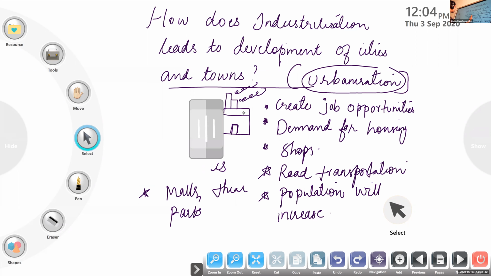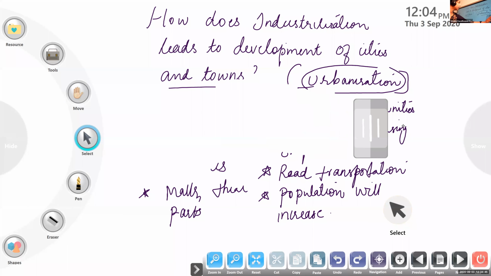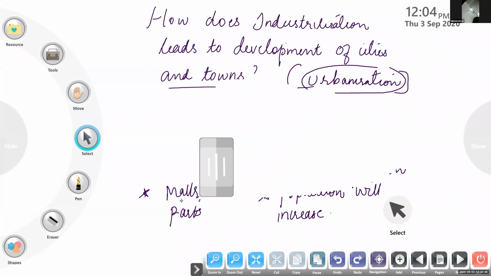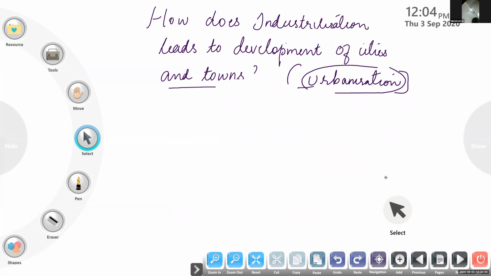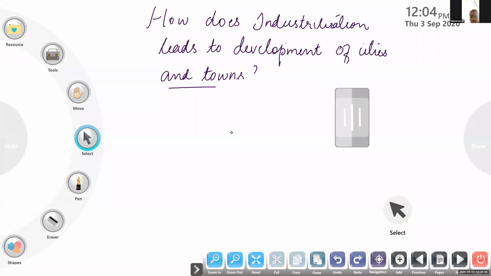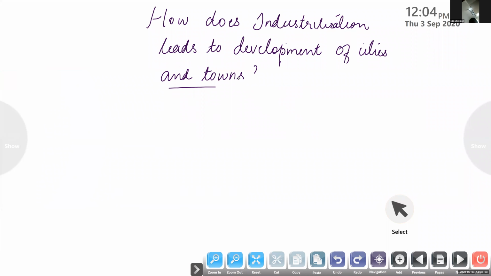All of you write this question in your lecture note. Not this answer, find out the answer.